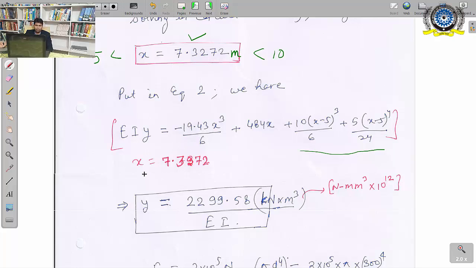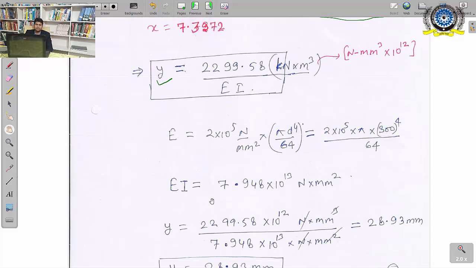So by putting x equal to 7.3272 meter in the above equation, we get y maximum equals 2299.58 upon EI. The value of EI you can calculate. E was given as 2.2 into 10 to the power 5 Newton per mm square, and I we can calculate as pi d to the power 4 by 64.